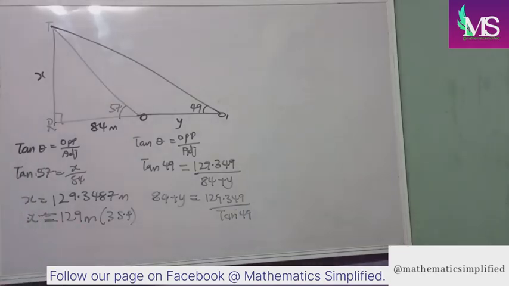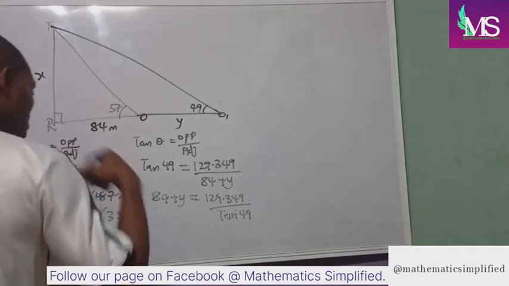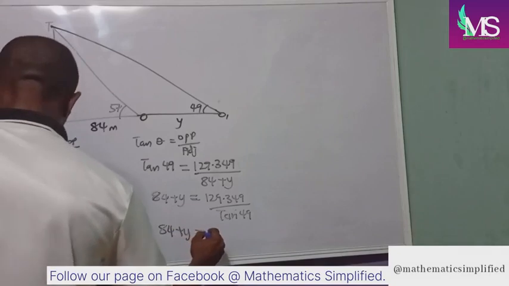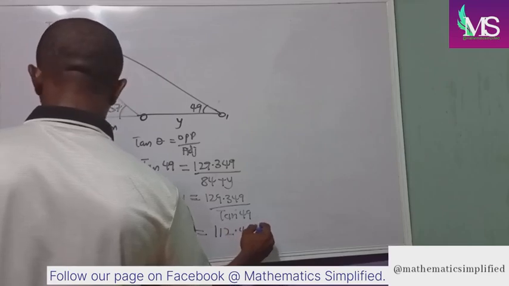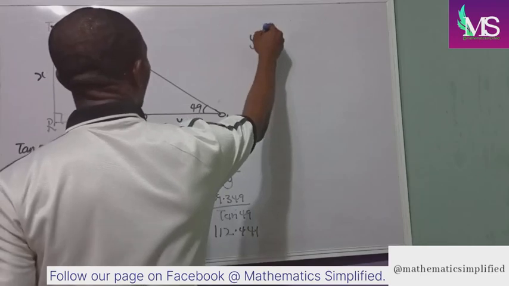Okay, so if we do that, if we have our answer divided by tan 49, this will give us 84 plus y equals 112.441.